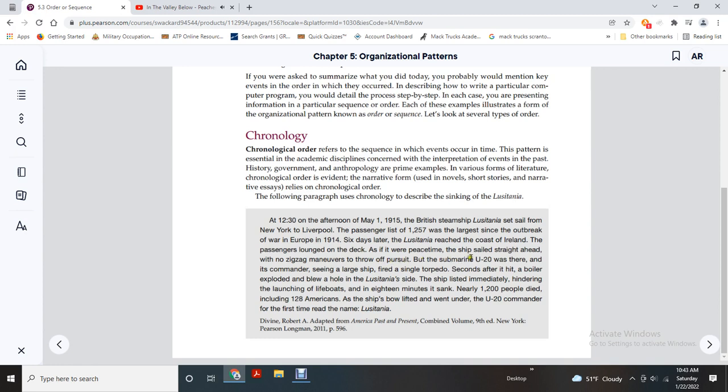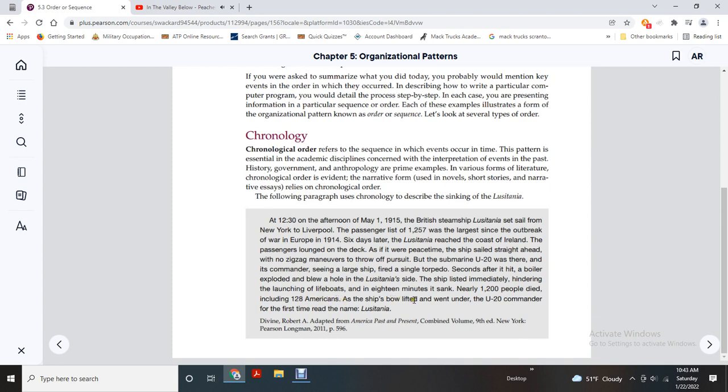But the submarine U-20 was there, and the commander, seeing a large ship, fired a single torpedo. Seconds after the hit, a boiler exploded, blowing a huge hole in the Lusitania's side. The ship listed immediately and crew launched lifeboats. In 18 minutes it sank. Nearly 1,200 people died, including 128 Americans.